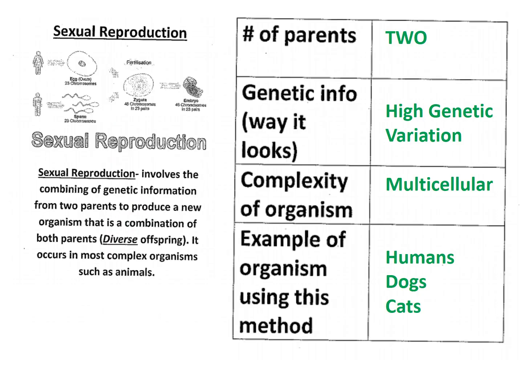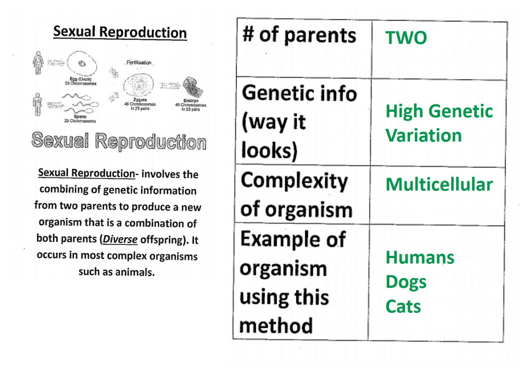With sexual reproduction, there are going to be two parents. So we talked about this. If you need to, go back and look at the notes for the two types of reproduction. Because there are two parents, right? We get half of the DNA from mom, half of the DNA from dad. So I'm going to have high genetic variation.